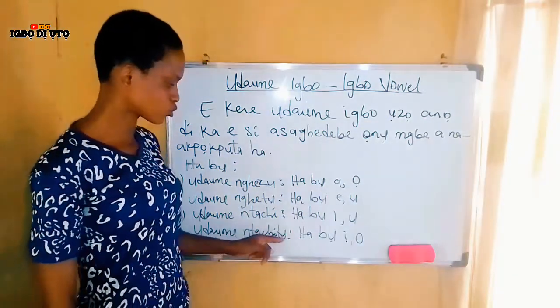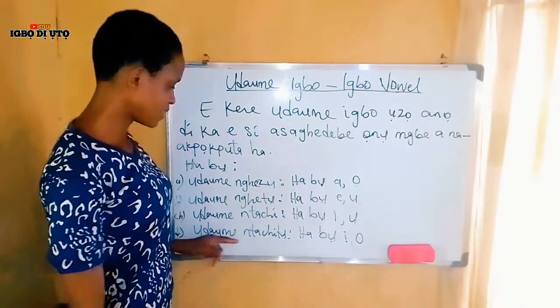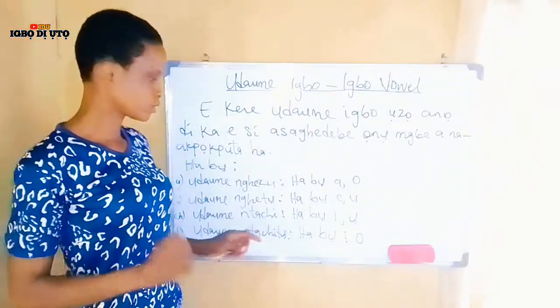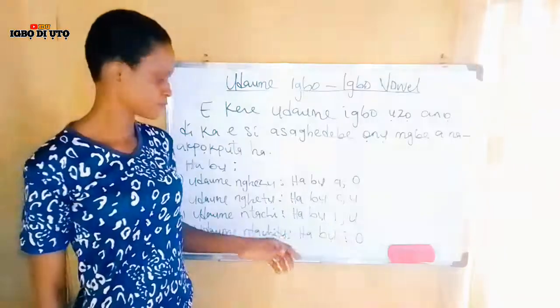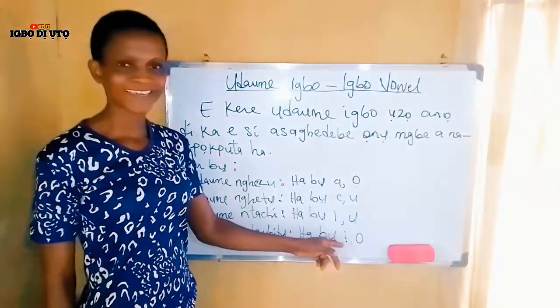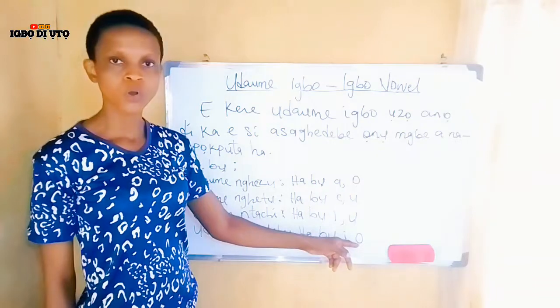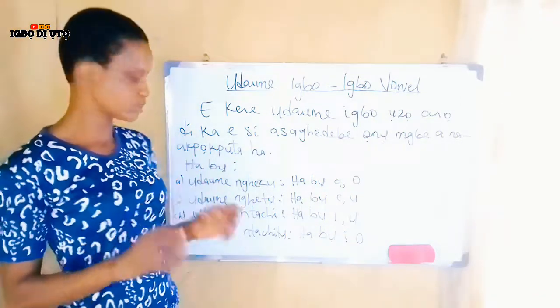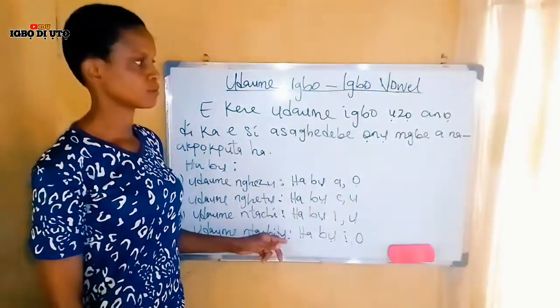Udaume ntashito. It is closed but not fully closed. That's what ntashito means. O. You see it? It is closed but not fully closed. That is ntashito.